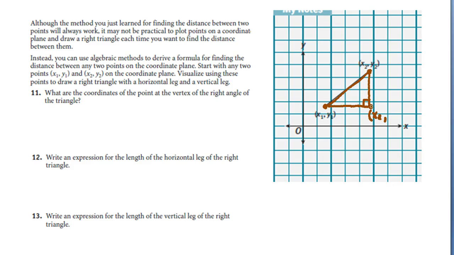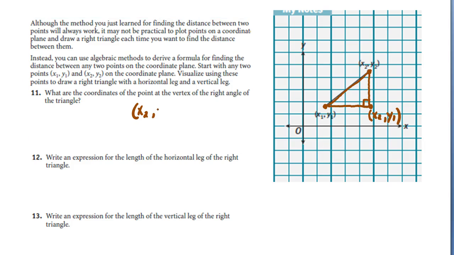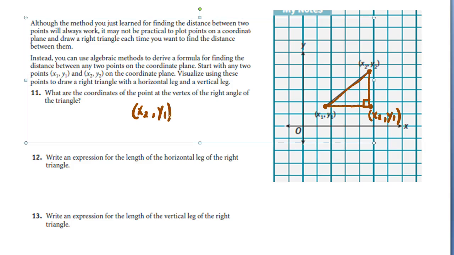And this dot is the same distance upwards as this dot, and its y value is y1. And so its y coordinate is y1. So we found its coordinates, x2, y1.